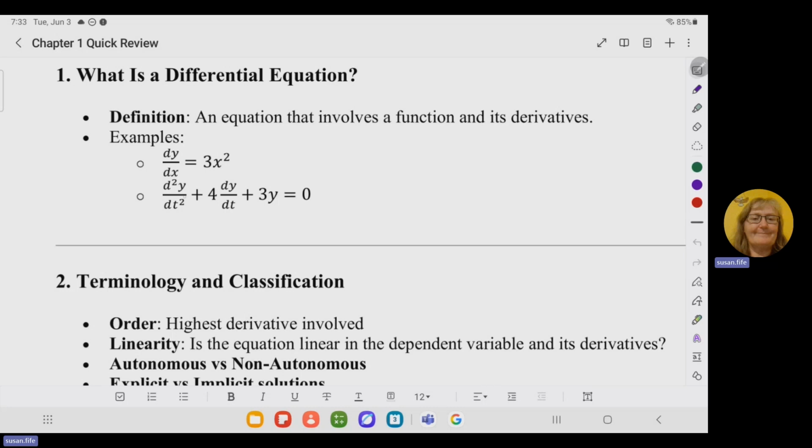The second derivative of y, first derivative of y times 4, and then 3 times y. Those are all linear. And this is homogeneous because we don't have a term that just contains a constant or just contains the independent variable t, other than 0.